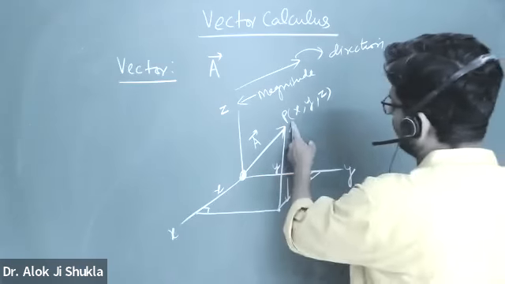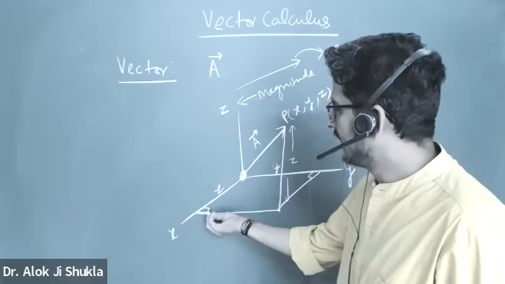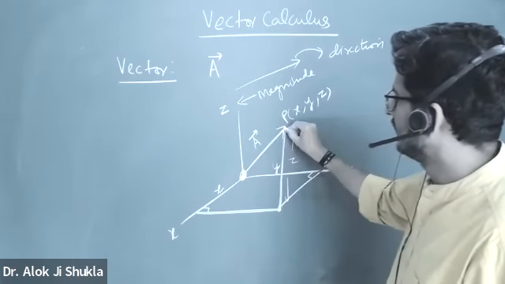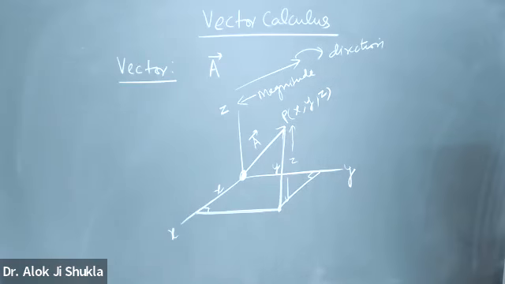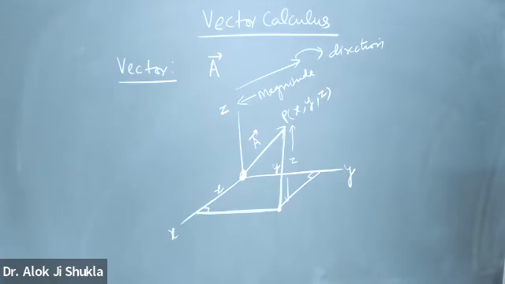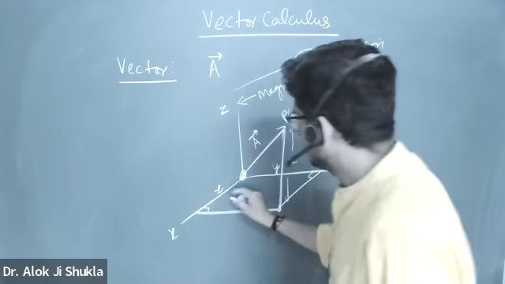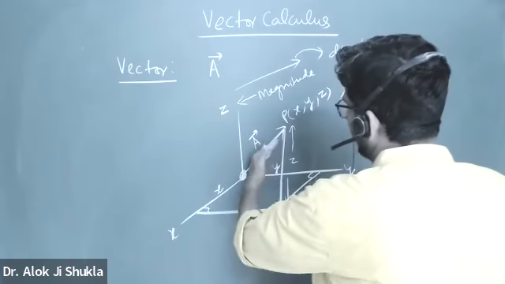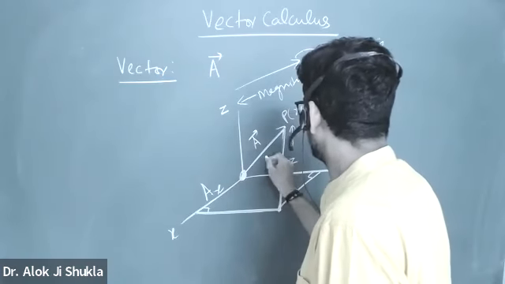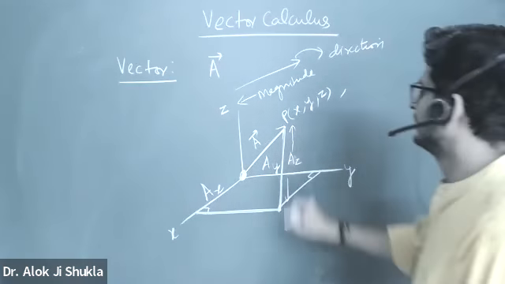So this is the address of this point P. If you want to reach point P, travel X on the x-axis, then in perpendicular direction travel Y along the y-axis, then perpendicular to both travel Z along the z-axis, and you will reach this point. So coordinate x comma y comma z means address of this point. So if I take this vector, its resolution along x can be written as ax, along y as ay, and along z as az.